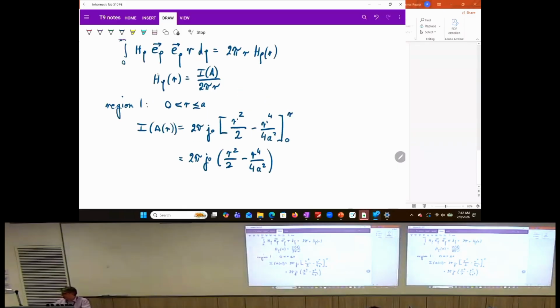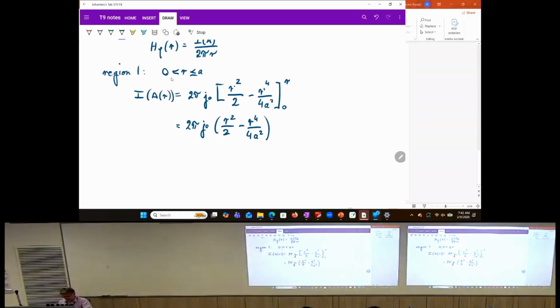And then take this part here, just divide the current by 2 pi r, and then we have our H phi is 2 pi j 0 times r squared half minus r to the power 4 divided by 4a squared, everything divided by 2 pi r.